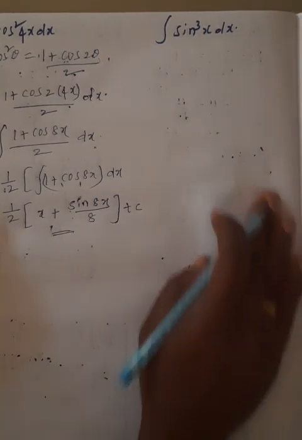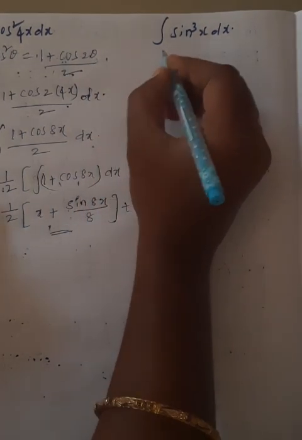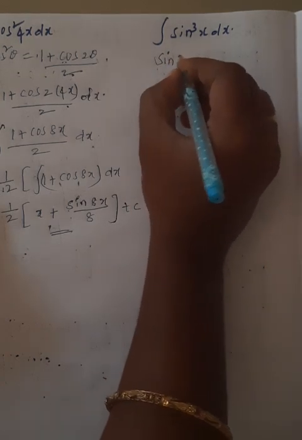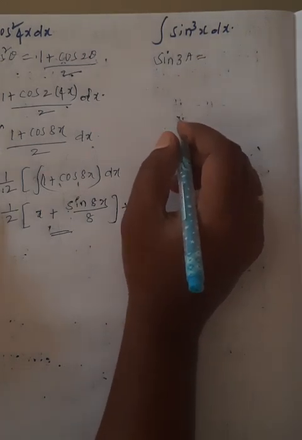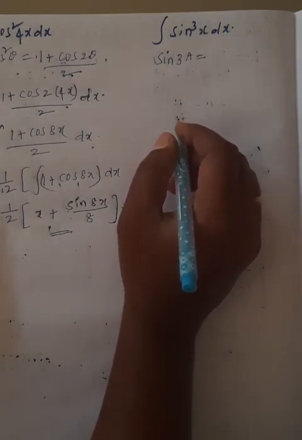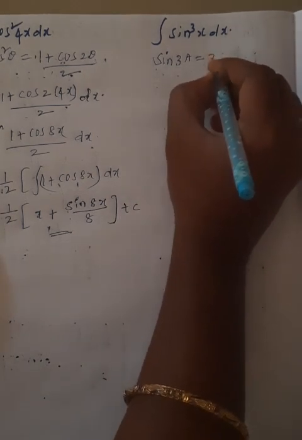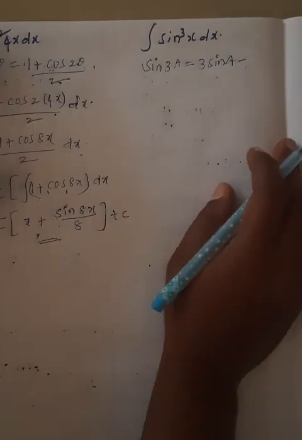Similarly, we can solve integration of sin cube x into dx. We have to use the sin 3a formula to solve the given question. So what is the sin 3a formula? Sin 3a is equal to 3 sin a minus 4 sin cube a.